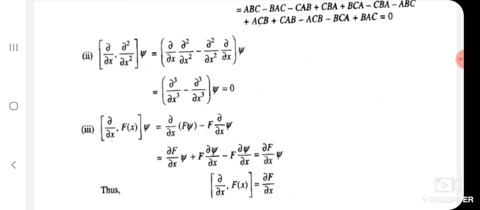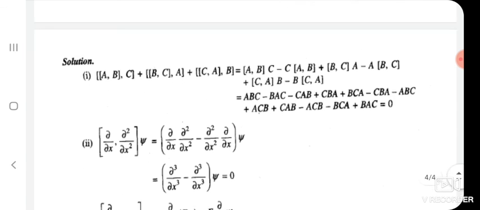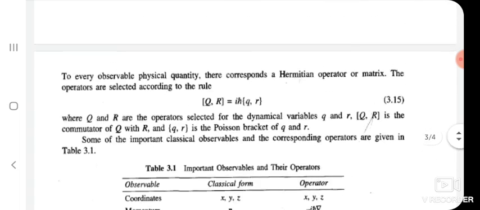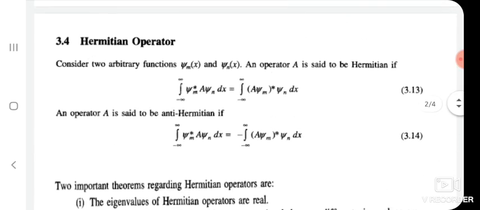Dou f by dou x psi plus f dou psi by dou x minus f dou psi by dou x. The plus f dou psi by dou x and minus f dou psi by dou x get cancelled. The remaining quantity is dou f by dou x into psi. Therefore, the commutator of dou by dou x and f of x is equal to dou f by dou x. In this way, we can solve some numericals by using operator methods.